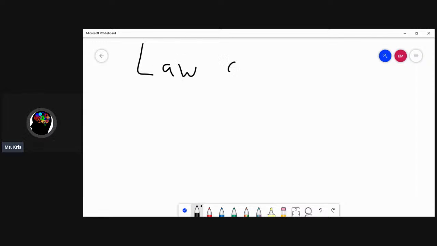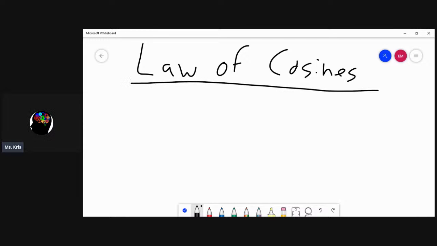Next, we have law of cosines. Now, with law of cosine, you have what we call knowing the measures of two sides and an included angle of a triangle.